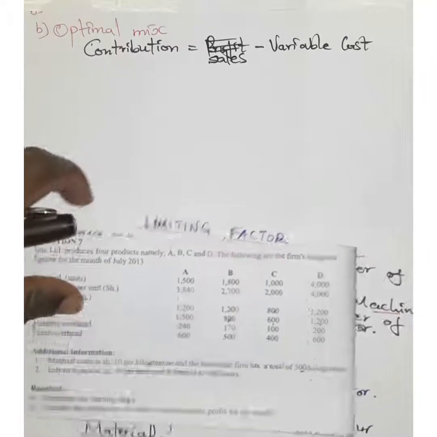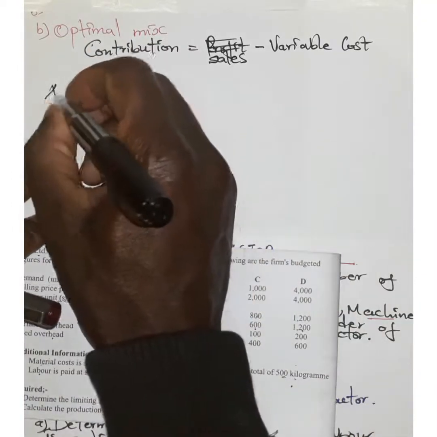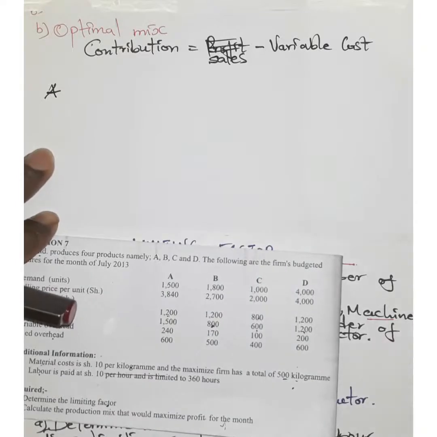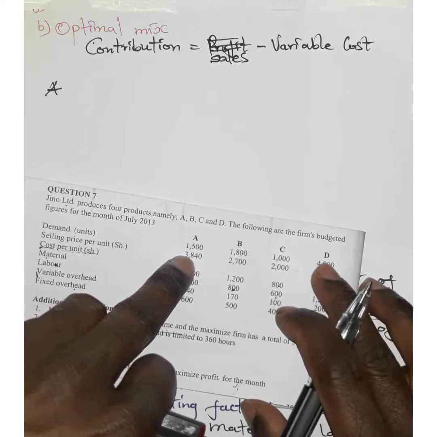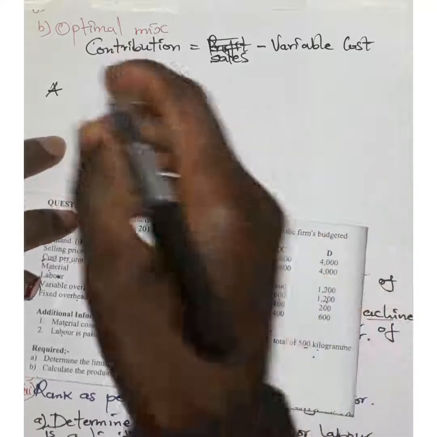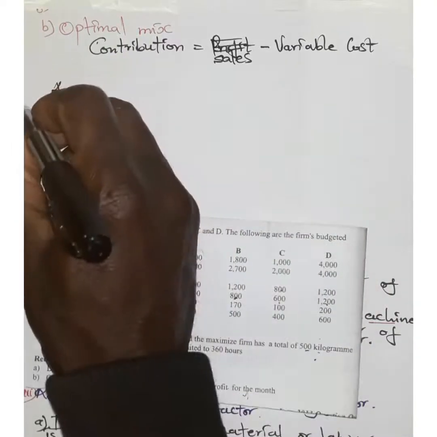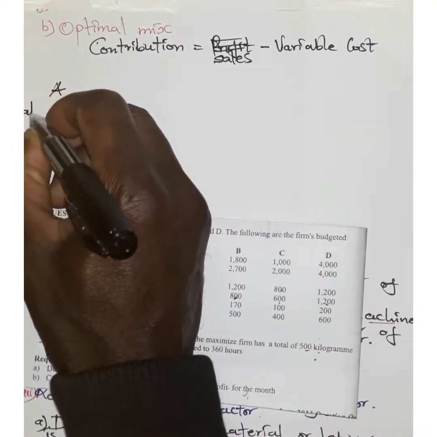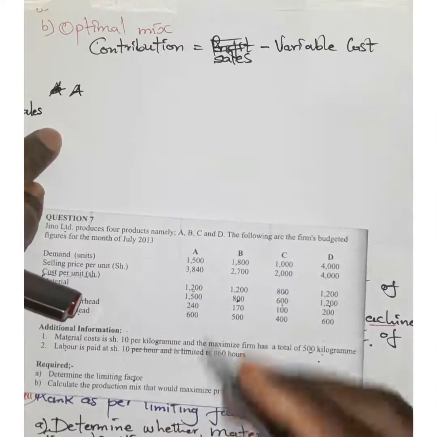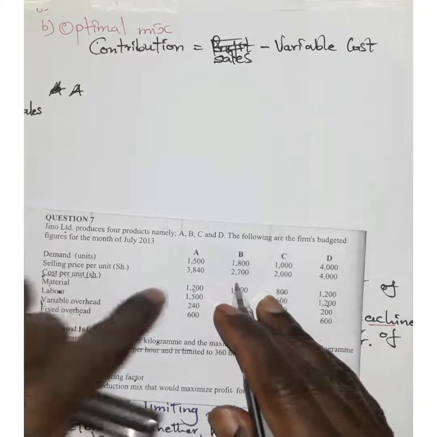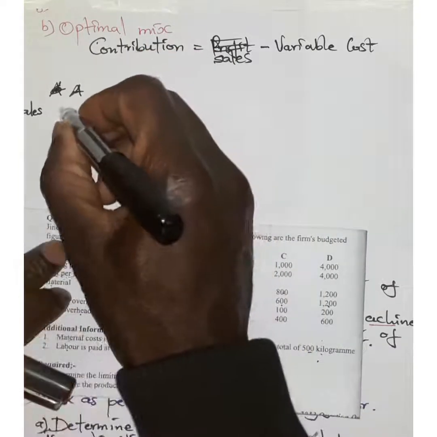So we can have now, under product A, its sales. The sales are given, and when the sales are given, it means that we can easily determine the contribution. So we have material A, then we have the sales. Its sales are given as 3840, that is per 1 unit.